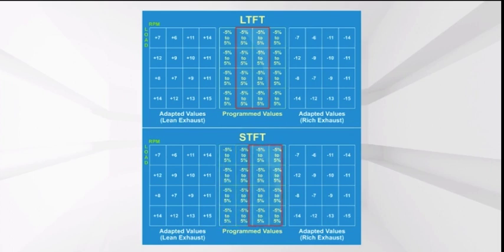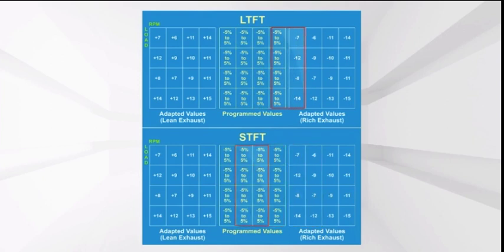For example, on some PCM controllers, the LTFT may have control within a range of minus 35% to plus 35%, while on another PCM controller, the LTFT will operate within a range of only minus 23% to plus 16%. These inconsistencies between PCM controller manufacturers also apply to STFT control.